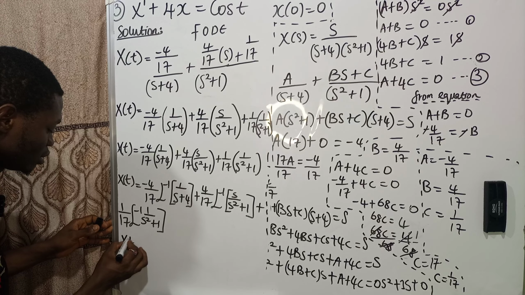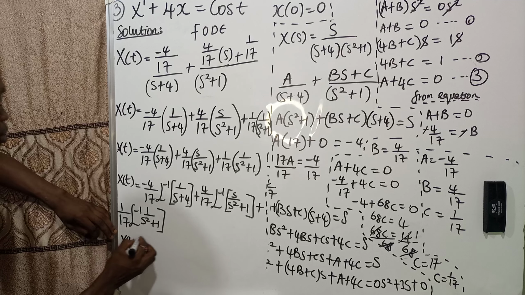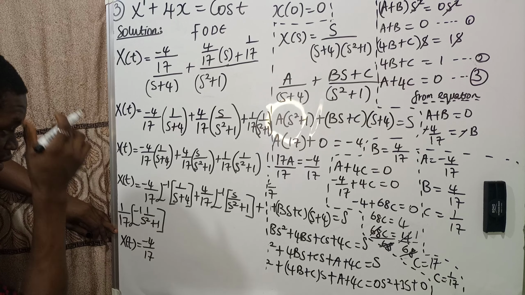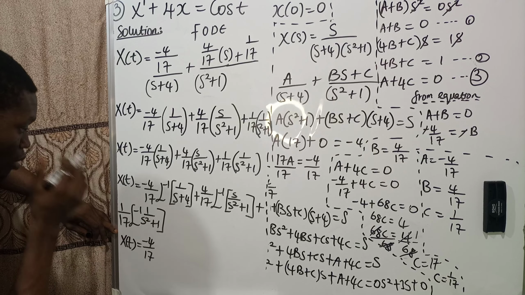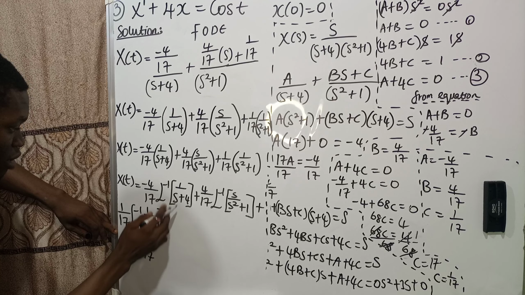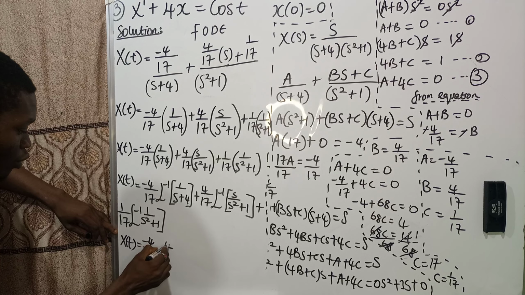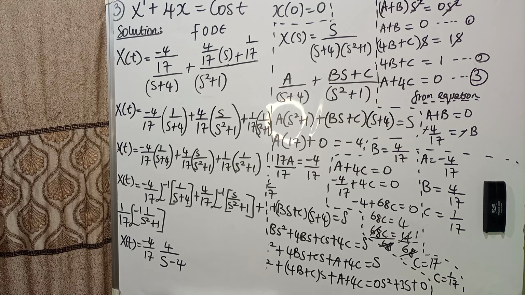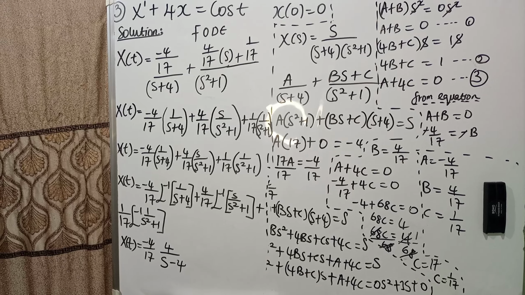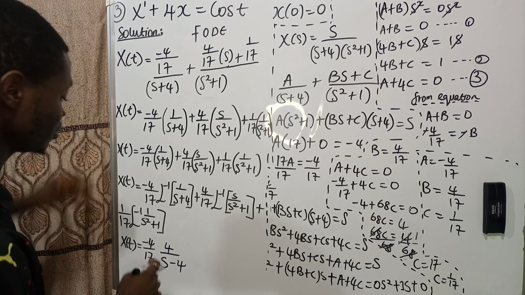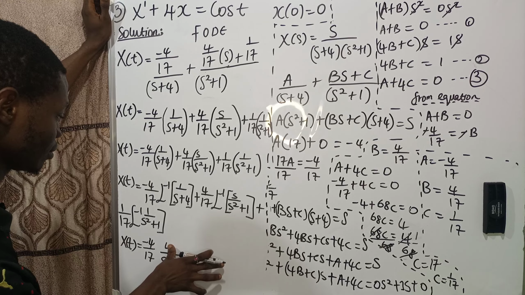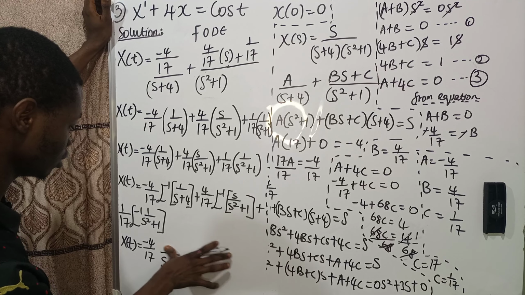So our x of t will now be minus 4 over 17 times the inverse Laplace transform of 1 over s plus 4. Sorry, I thought this was s.